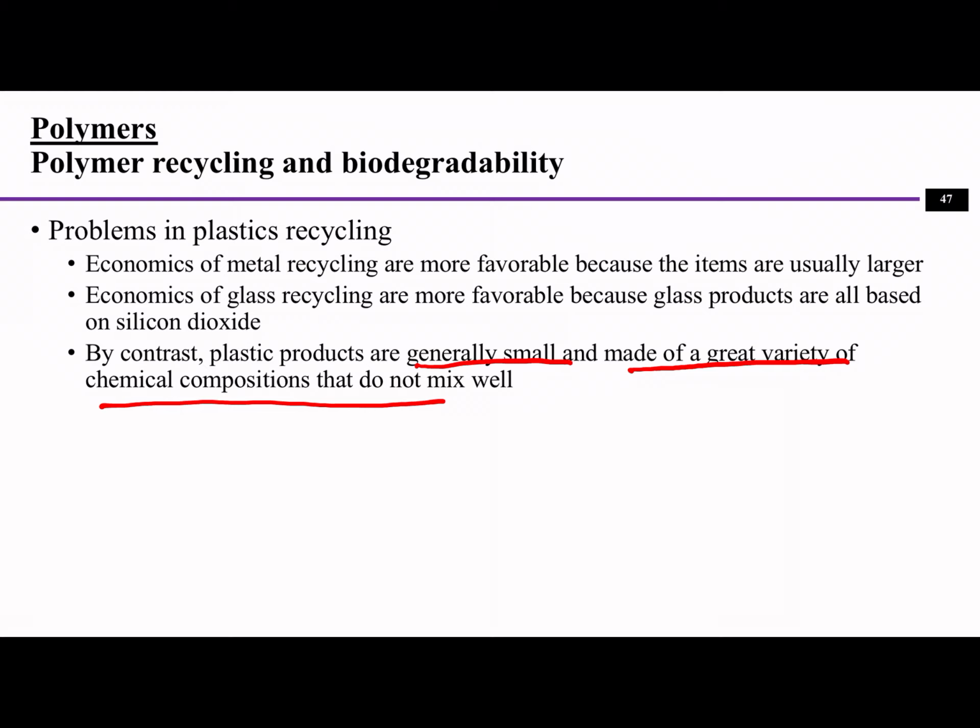For example, you can reprocess those thermoplastics into valuable products like art, artifacts, or 3D printing filaments, and also some other useful products that can generate value.